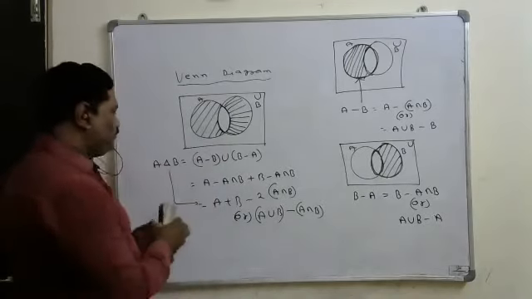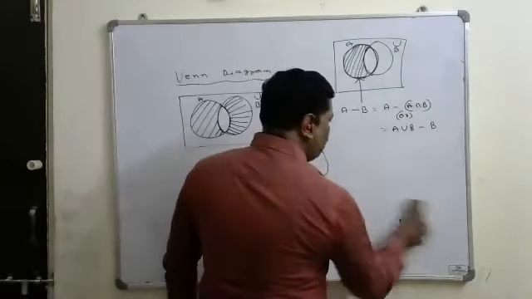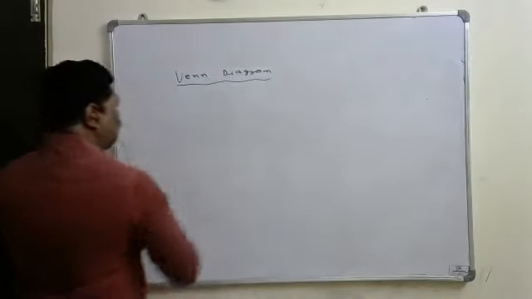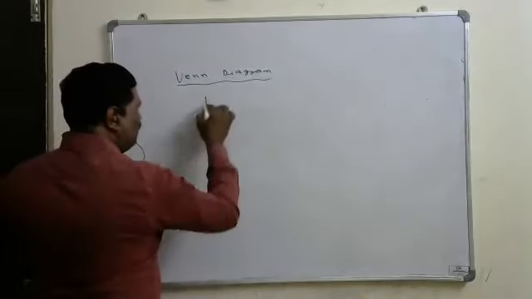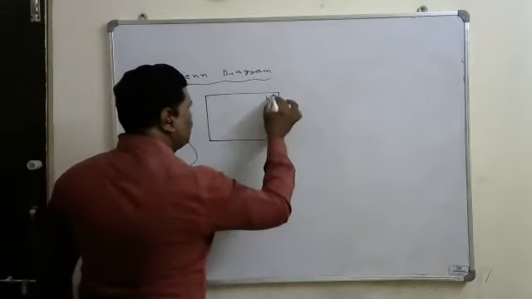Okay. So similarly, we will see the complement of the set through the Venn diagram. Complement of the set means if we consider a universal set, this is the universal set.